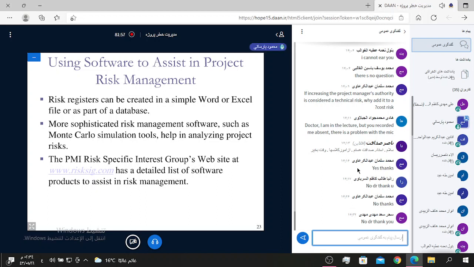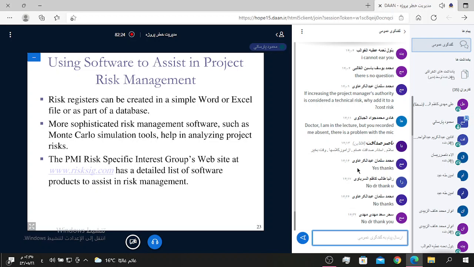The PMI risk-specific interest group's website, www.risk.com, has a detailed list of software products to assist in risk management.